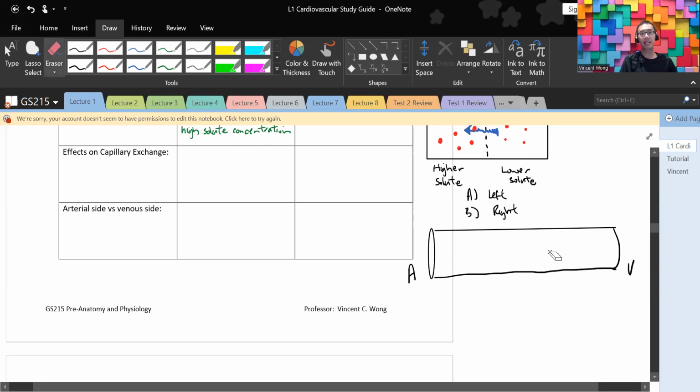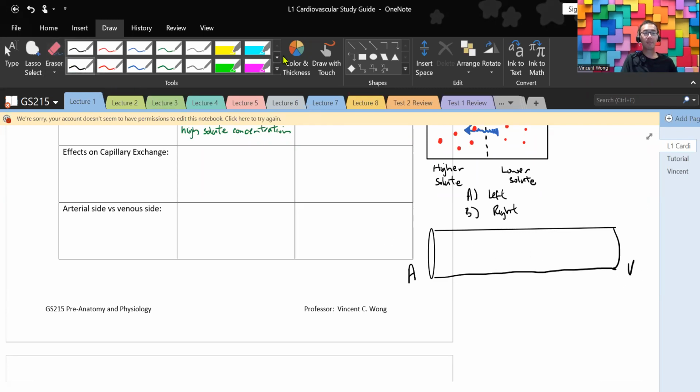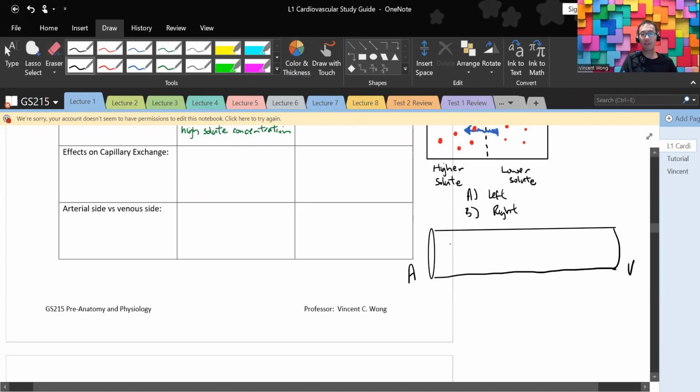And what happens is you will have a bunch of stuff that is dissolved in the blood. These dots could be things like electrolytes. Do you guys know what electrolytes are, right? Like sodium, potassium, calcium.